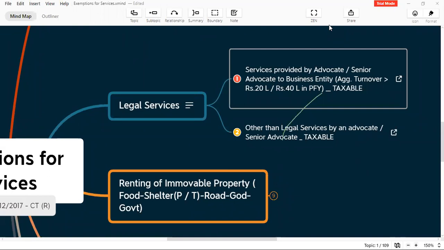What is your answer? So first point, is it a legal service? Yes, it is a legal service. Second point, am I a business entity? Is an educational institution a business entity? Yes, because education is also treated as business for all practical purposes of the law. So I'm a business entity. Third question is, is my aggregate turnover crossing 20 lakhs or 40 lakhs in the preceding financial year? So what's your answer?